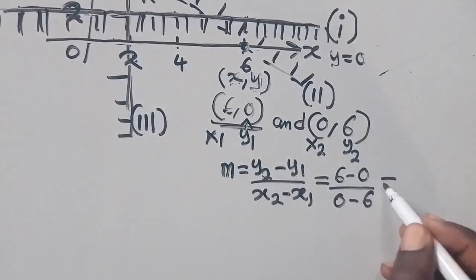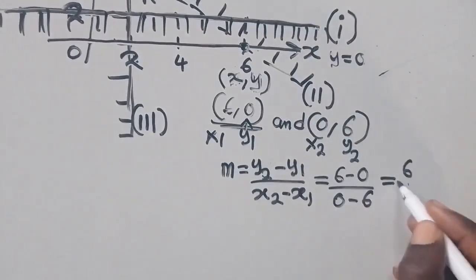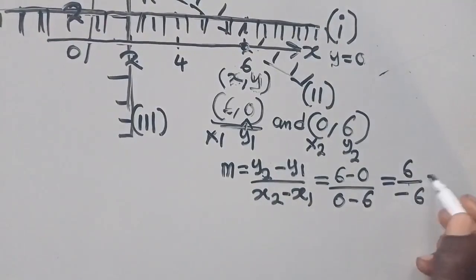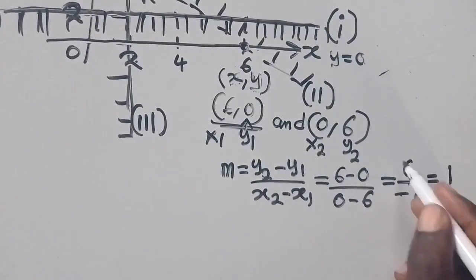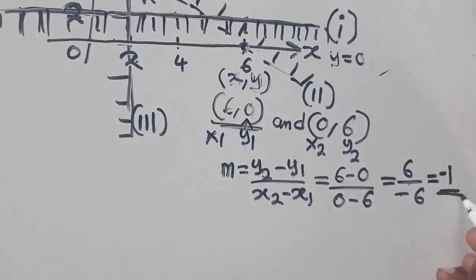So this is 6 over negative 6. 6 divided by 6 is 1, and positive over negative is negative. So the gradient is negative 1.